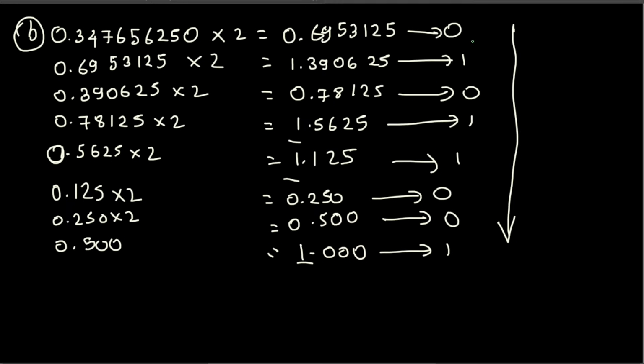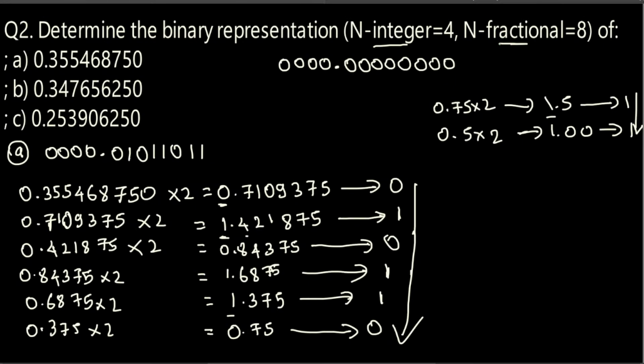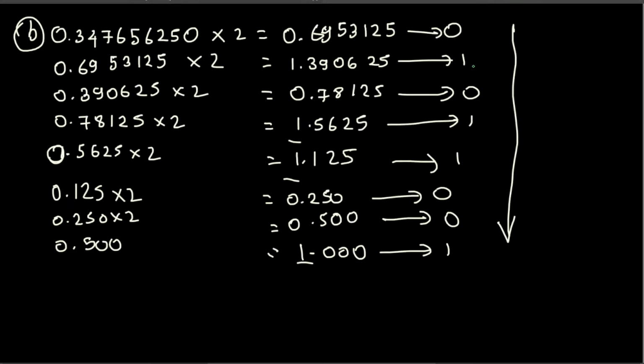So make sure we have 8 bits, because the question required the fractional part to be given in 8 bits, so we have to have 8 bits: 1 2 3 4 5 6 7 8. Now let's say you only get 7 bits and you got the 0 0 situation. To make it 8 bits, you can just add 0 to the right.